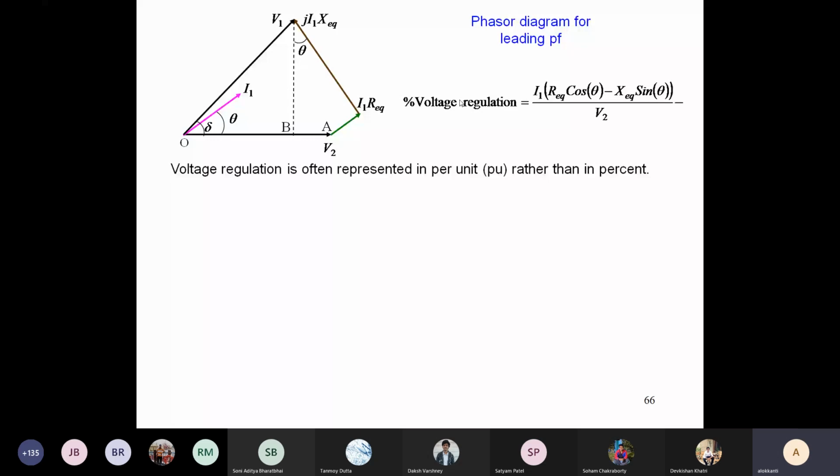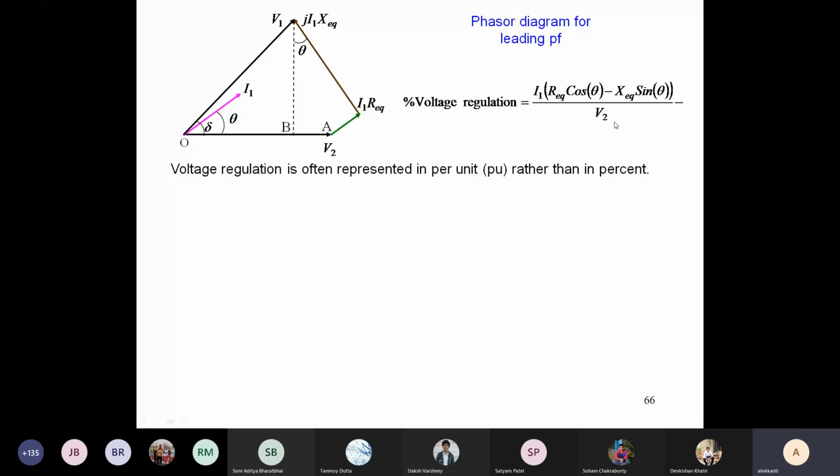So this voltage regulation is often represented in per unit rather than in percent. This is another new terminology in electrical engineering, which is the per unit. In the concept of per unit, the values may be very, very high. So per unit is some sort of normalizing the values and representing the value.